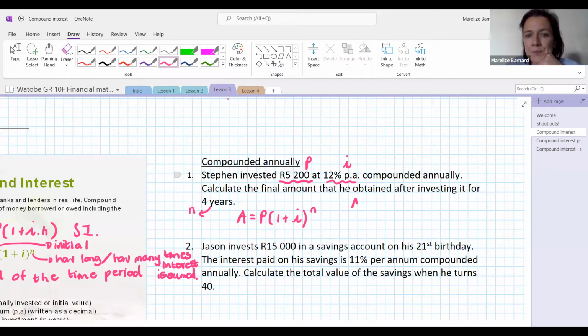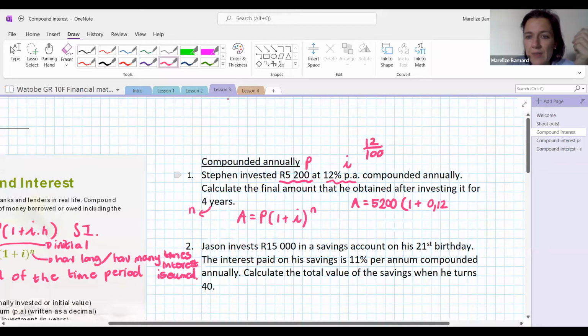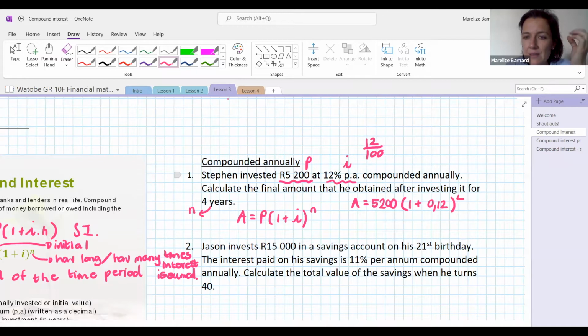So we can substitute in what we have. That's 5,200. Our interest rate is always as a decimal, so we write it as 0.12, or you can just go 12 divided by 100. And then n is the number of years, or the number of times you earn interest, which is annually. So that's going to be 4. Okay, let's put that into our calculator while I hear what Sipukazi wants to ask.